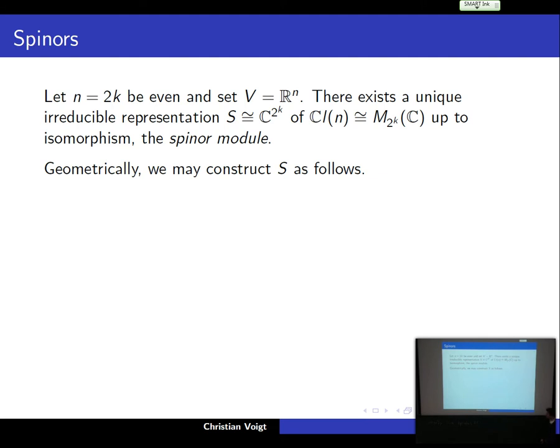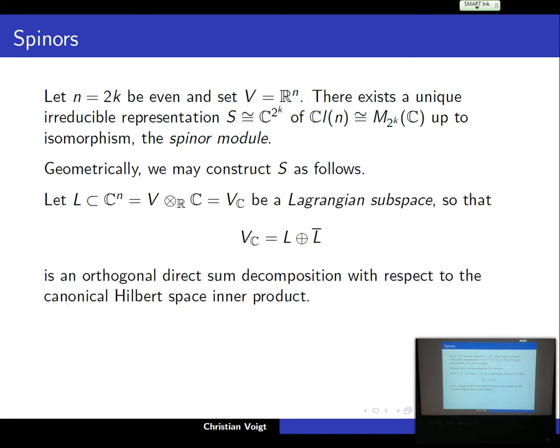If you want to proceed geometrically, you could construct the spinor module as follows. You could view your vector space R to the n as a purely odd superspace, and it will then be a symplectic superspace. Since it's in odd degree, the symmetric bilinear form is a symplectic form. And you can ask how we can quantize this.